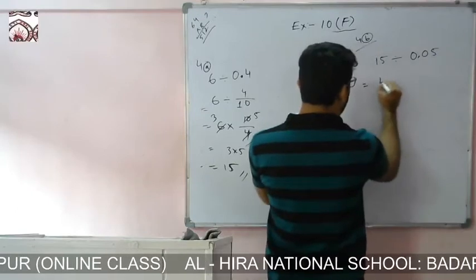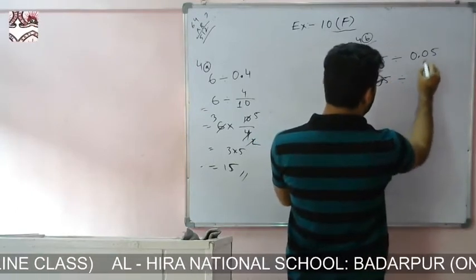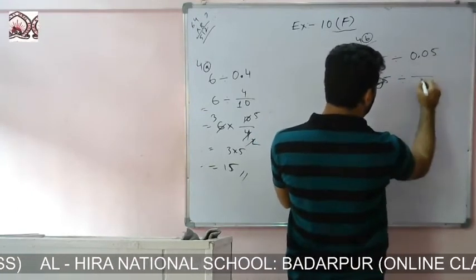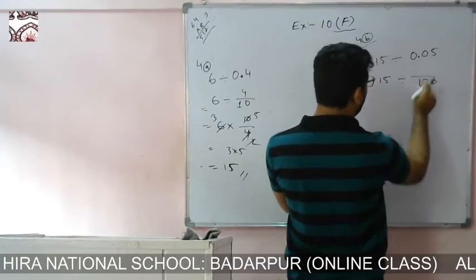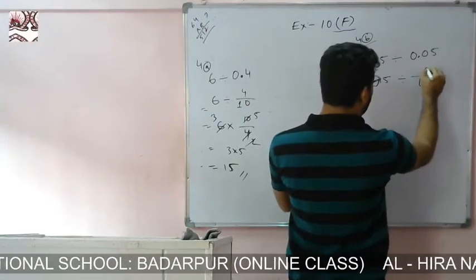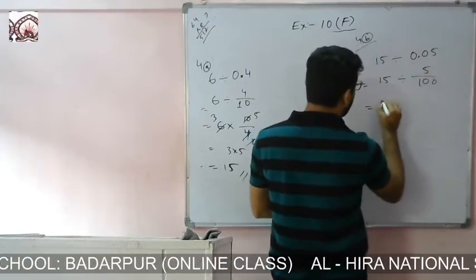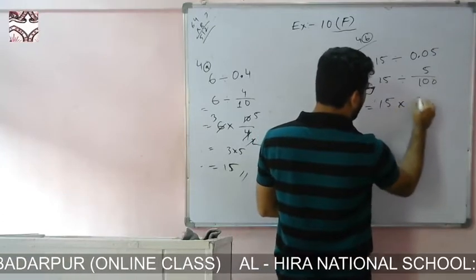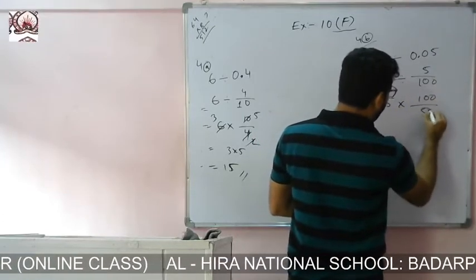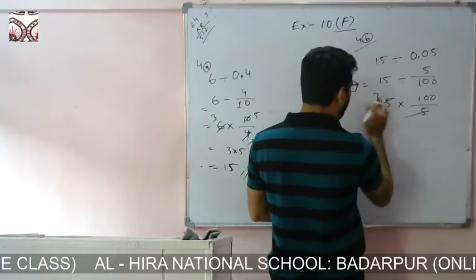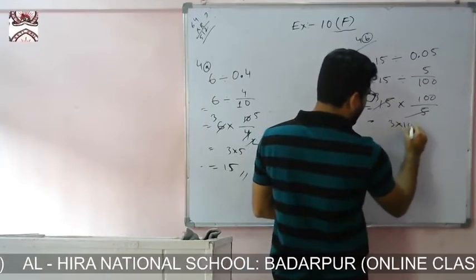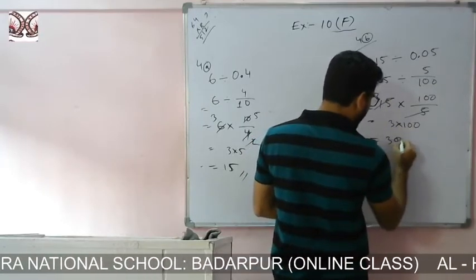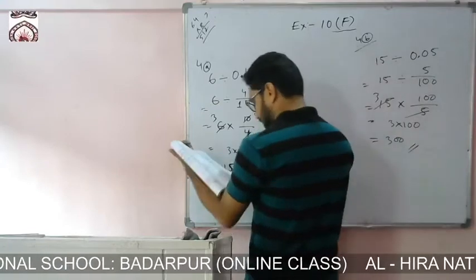Okay, so write 15 divided by, here 2 places, so 2 zeros, and for point we'll put 1, so we can write 5. Now you interchange: 15 into 100 by 5. 5 3s are 15. 3 into 100 means 300. Okay.